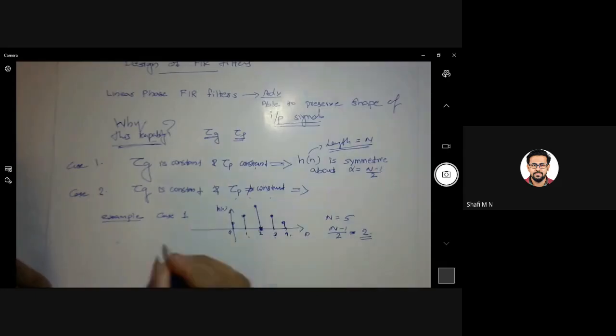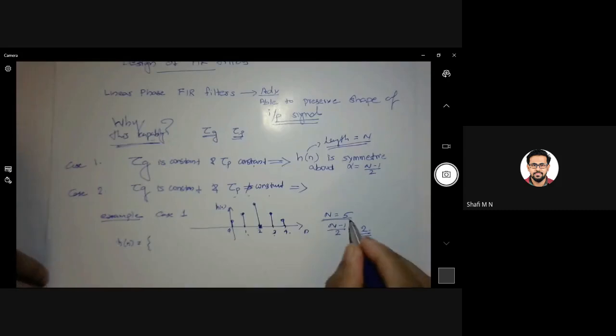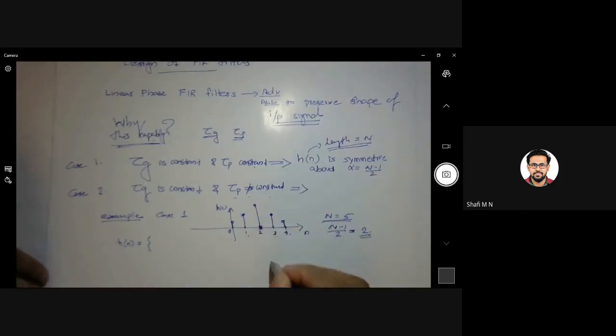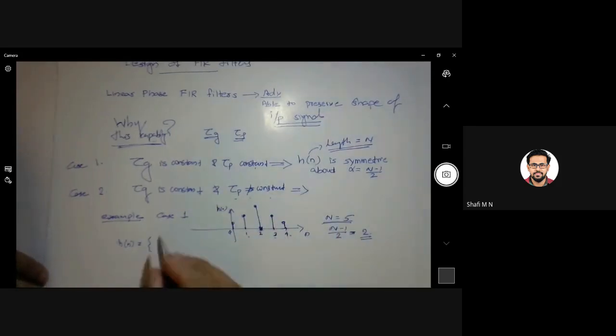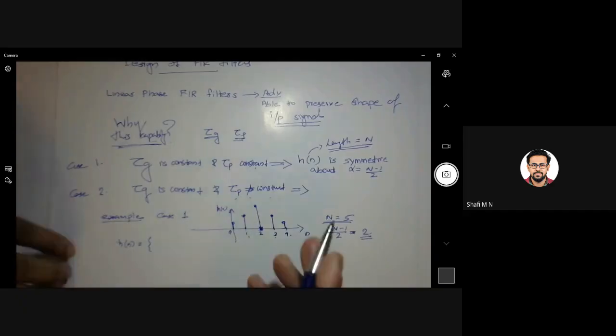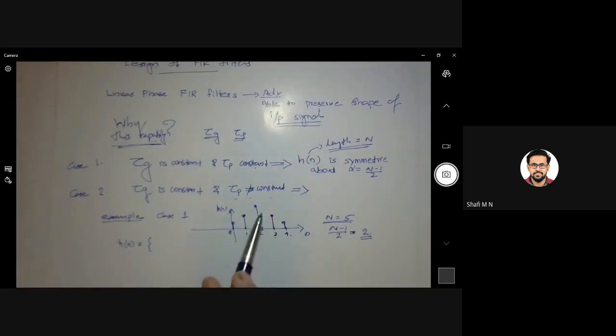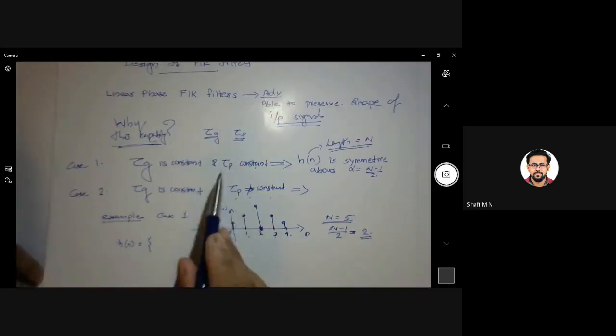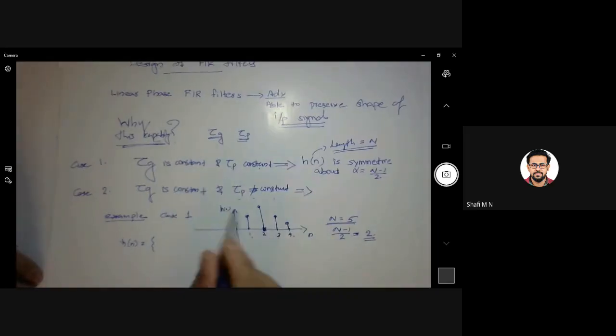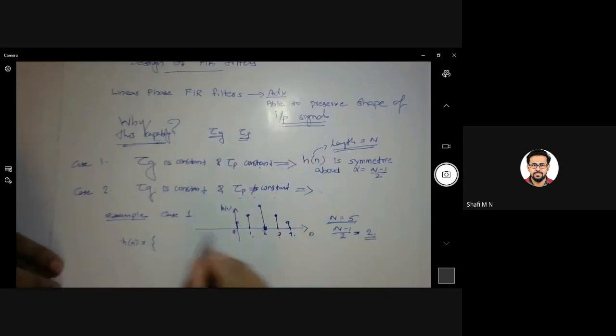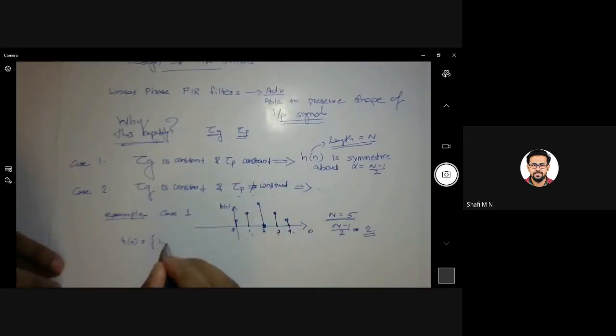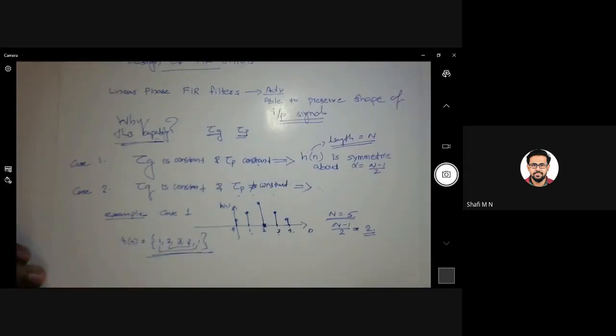Whether it is an odd-length or even-length signal, the center point is the point of symmetry. That has to be analyzed in detail, but at your UG level this is enough. In this example, h(n) can be written as 1, 2, 3, 2, 1. This is symmetric about this particular point. That is one important observation.